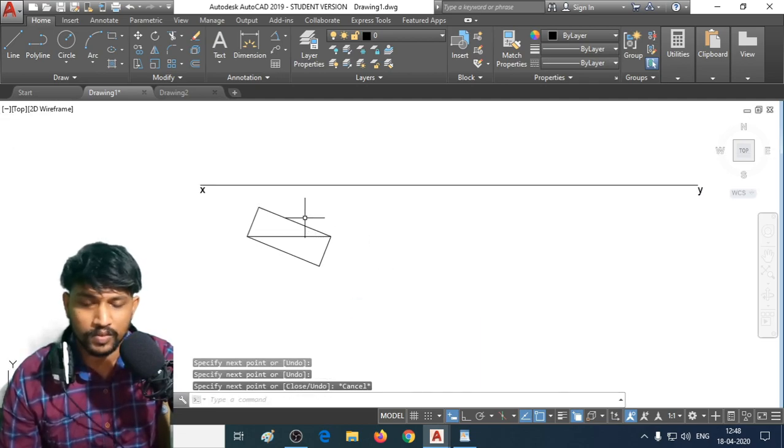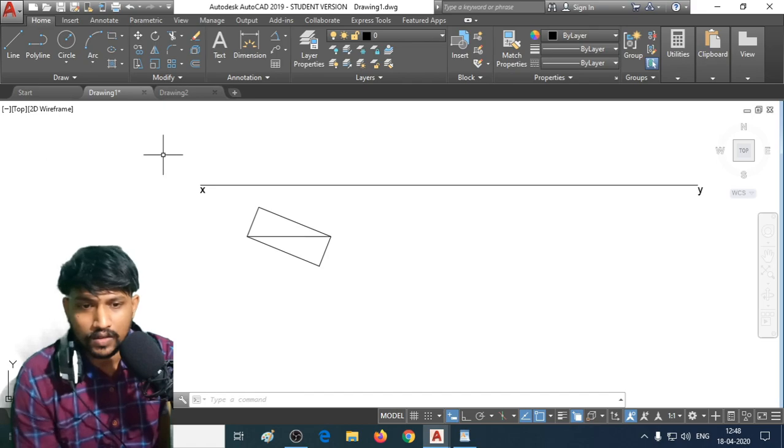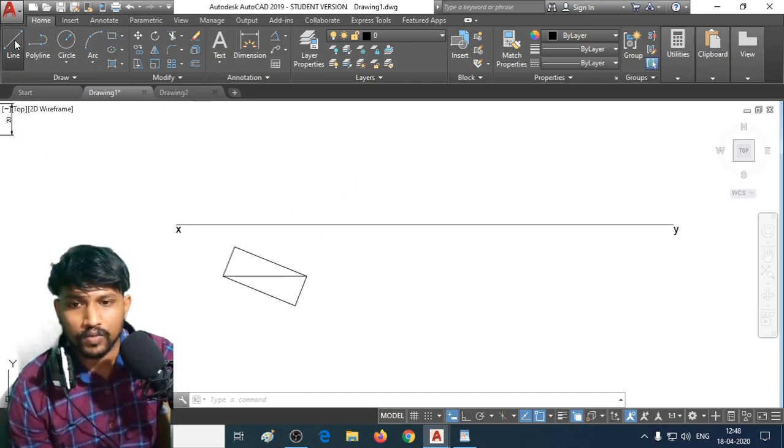So now I'm assuming this particular corner here is on the HP. Now I have to project these.